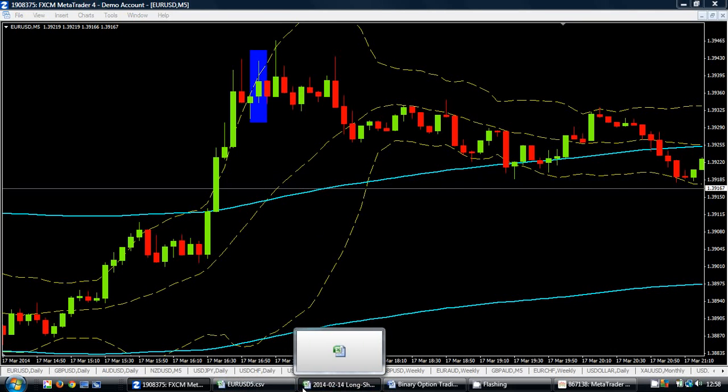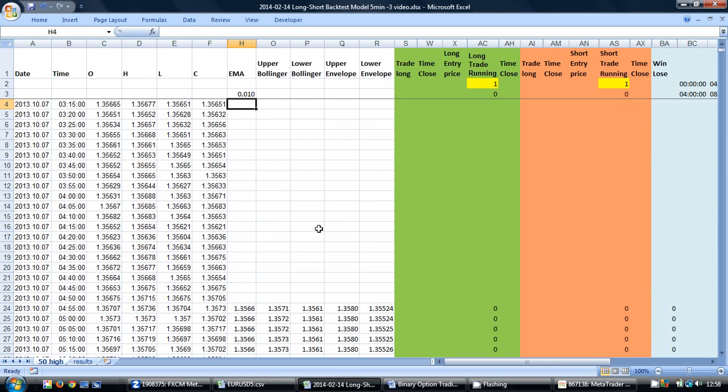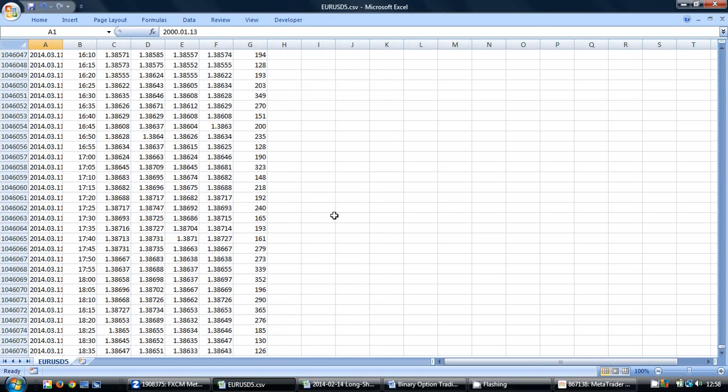Okay, so what we have here is a spreadsheet that I'm going to use to backtest this particular trading strategy. On the left here we have our historic data, which is from the euro US dollar. This is the data, rather, that I'm using for the euro US dollar.